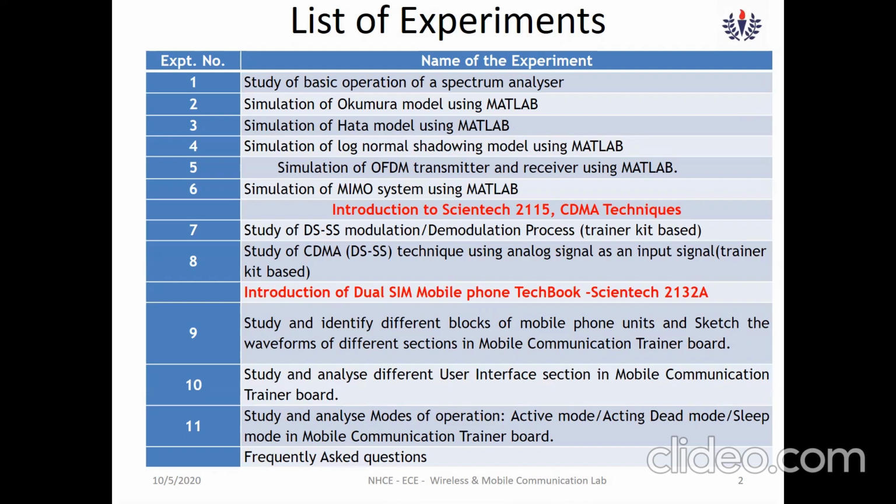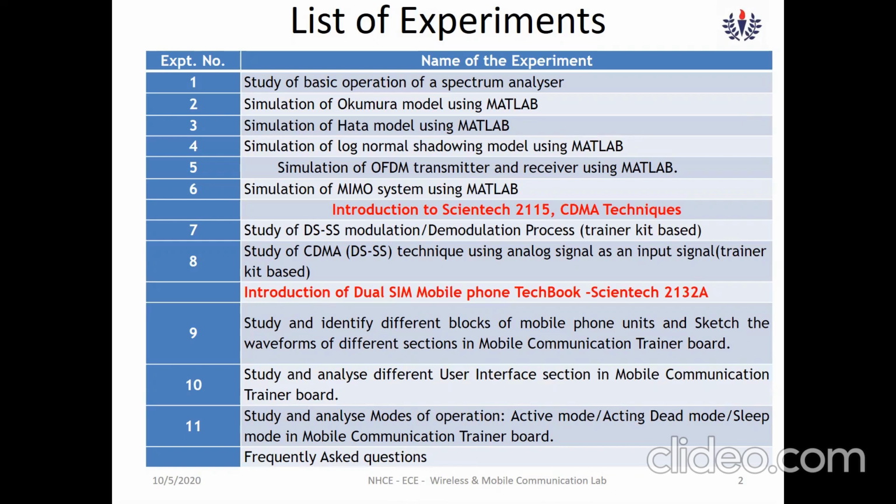The next set of experiments, 9, 10 and 11, we are going to understand the GSM mobile phone working model, which is nothing but the GSM mobile phone handset available in the Scientech 2132 trainer. This trainer is a practical explanation of the mobile handset.